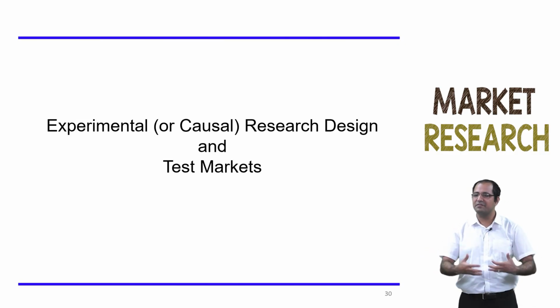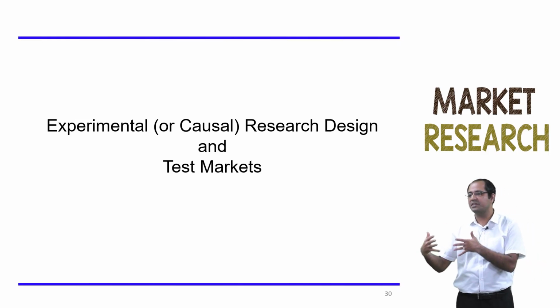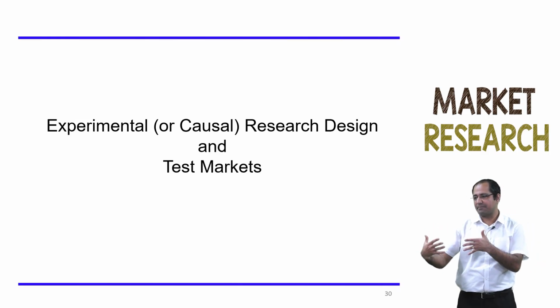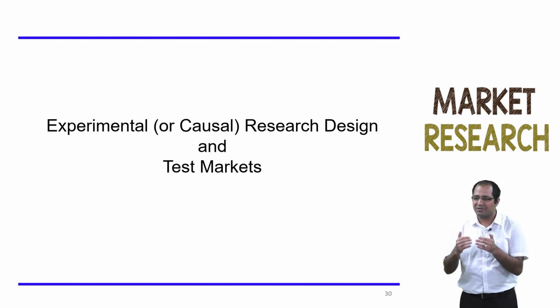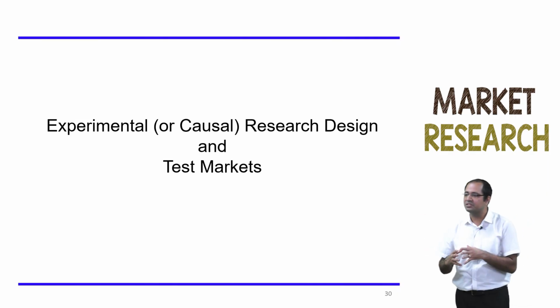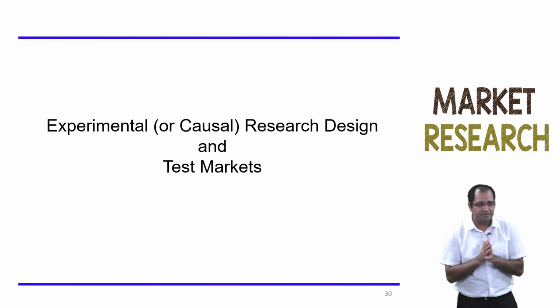Exploratory, if you remember, we use in the problem definition, step number 1. Descriptive and causal we use at step 3 and onwards, right? So today we are going to discuss the causal research design, and after that we will be discussing only descriptive and a particular method of descriptive, which is the survey method.